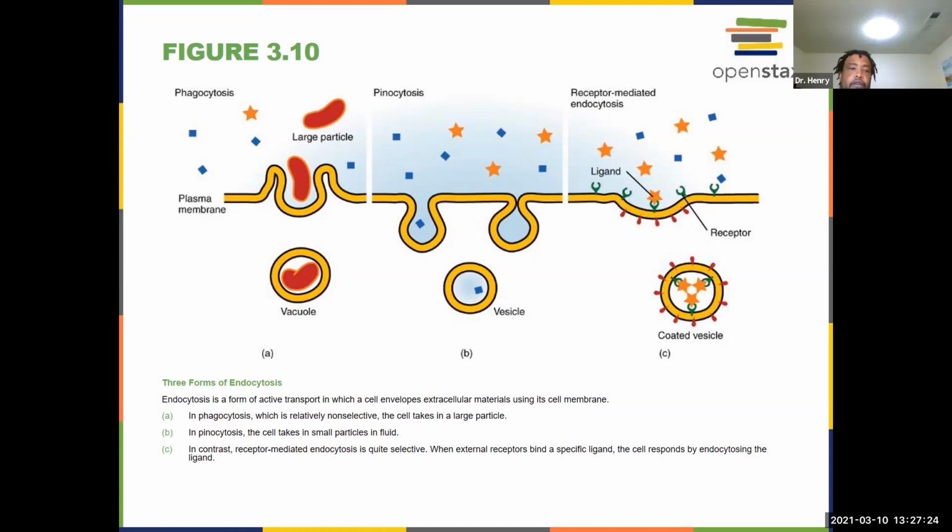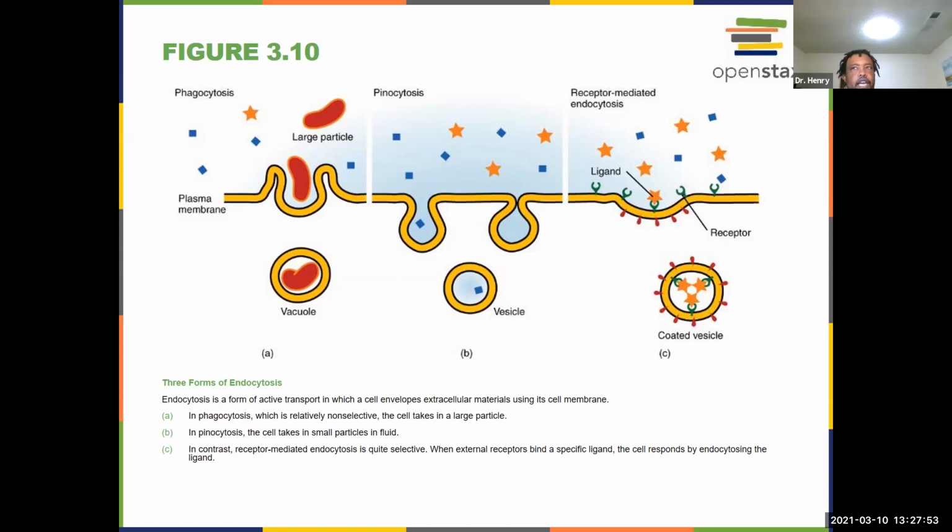Another way of transporting across the membrane is called endocytosis. There are 3 types of endocytosis: phagocytosis, pinocytosis, and receptor-mediated endocytosis. Phagocytosis basically means cell eating, since phago means eating.